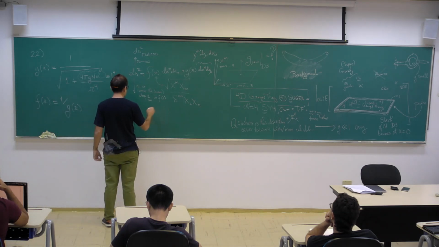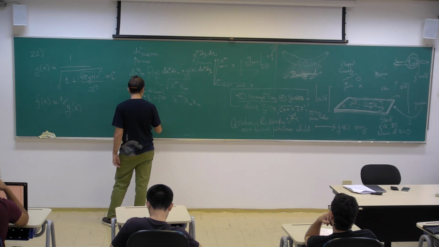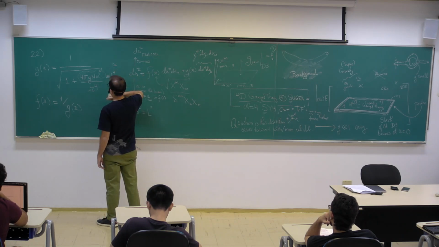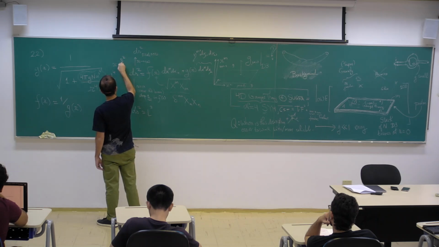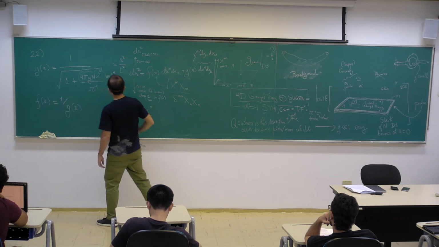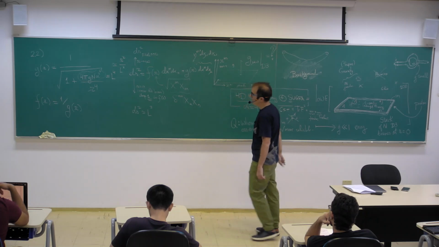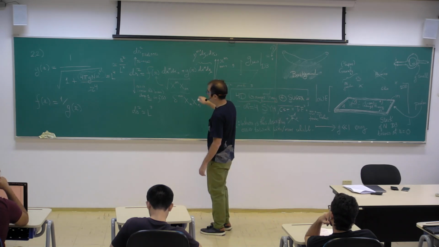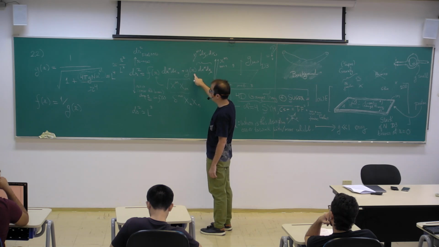And we get ds squared approximately equal to, let me try and hopefully it's correct, L squared will factor out. So this will become R squared over L squared, when R is very small. And so G is the inverse of that.